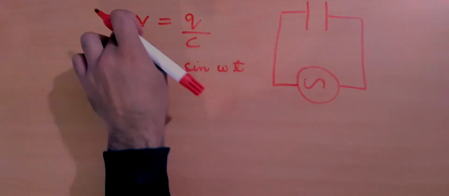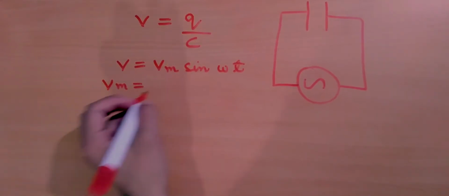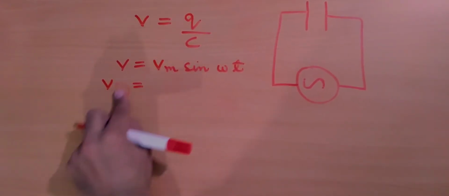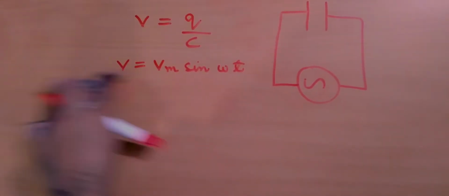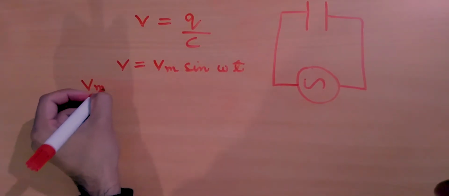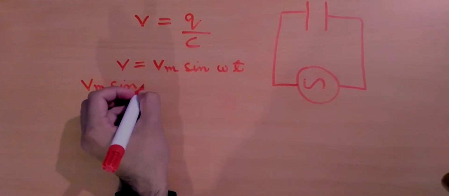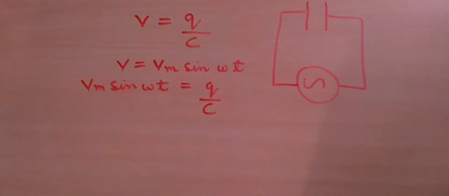So I can put this in here, and I get Vm sine omega t equals Q by C, right?